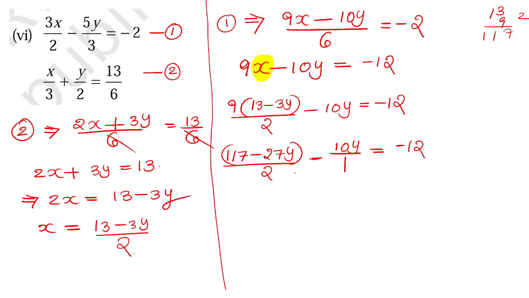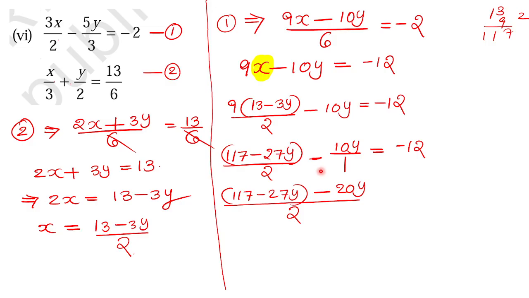So again we have to subtract the two fractions, so we have to do the cross multiplication. 1 into this term itself, 117 minus 27y. 2 into 10y will be 20y. All divided by 2.